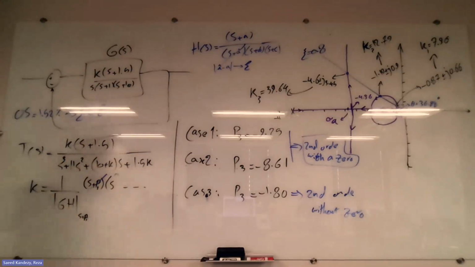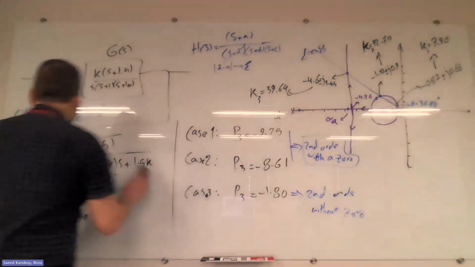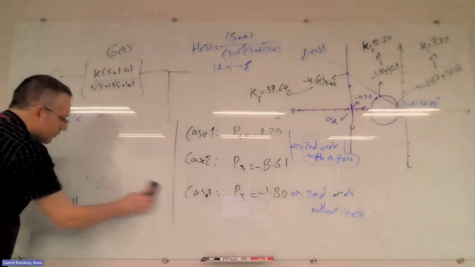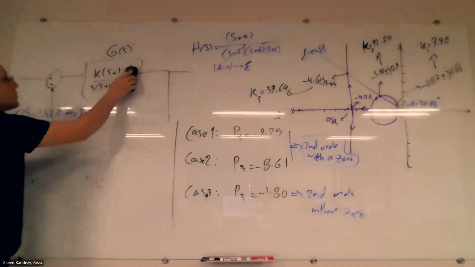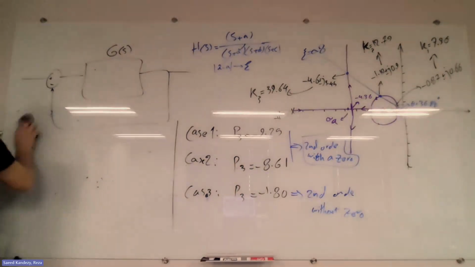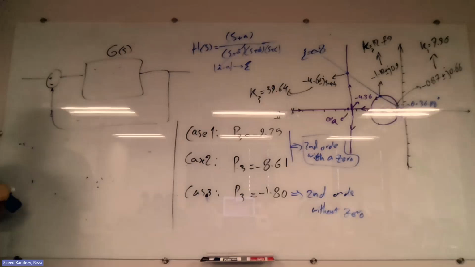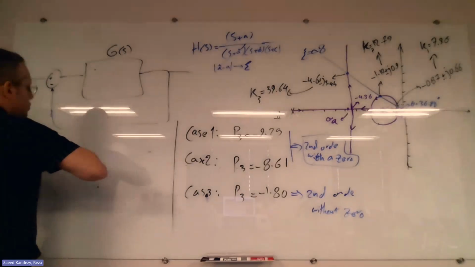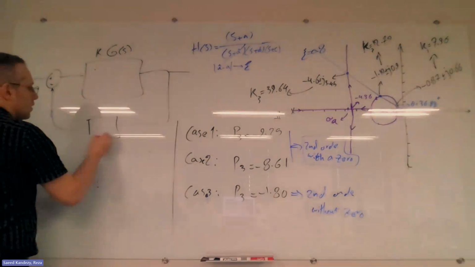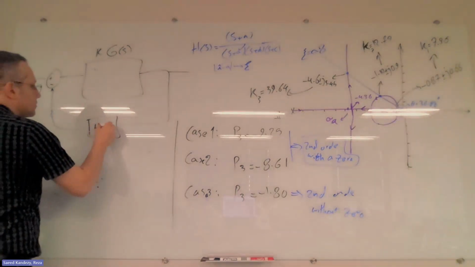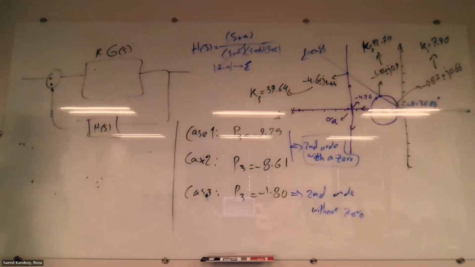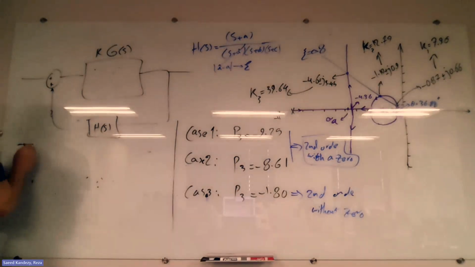Now, I want to ask you what would happen if I have a positive feedback? So I have my KG of s, my H of s here, and this is a positive feedback. Now, what would be my transfer function?